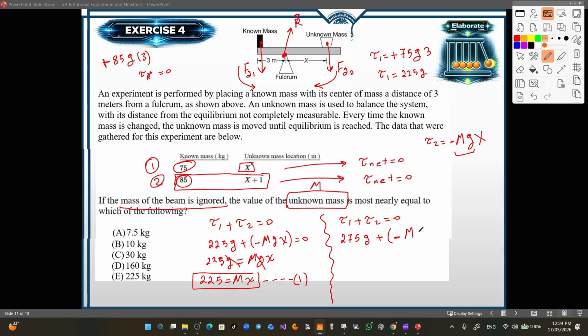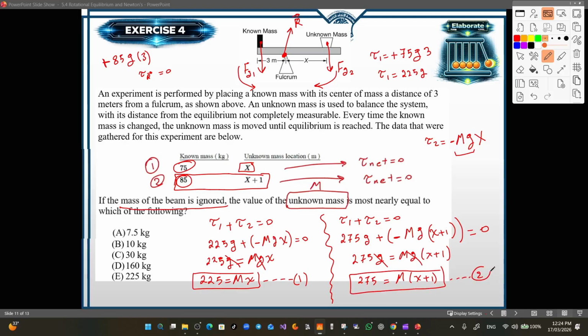The m is still unknown, multiplied by g. This is the force times the distance. Now the distance has been updated, and it's x plus 1. So by moving minus mg(x plus 1) to the other side, we obtain mg(x plus 1). Now g with g cancels out, and 275 equals m(x plus 1). This is the second equation.